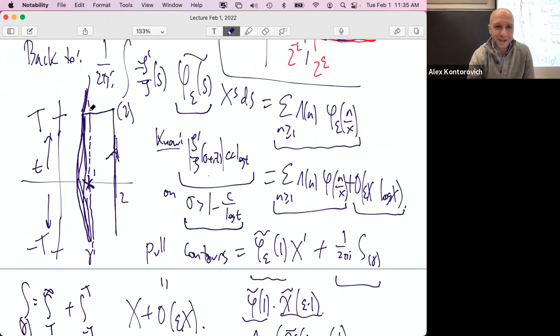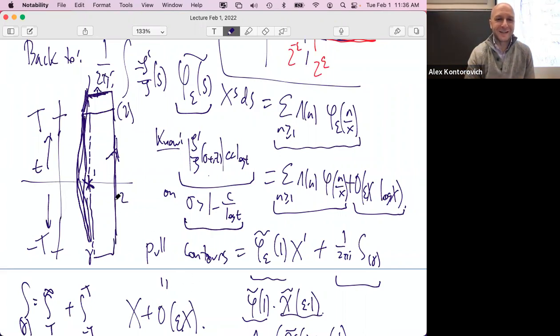What's really going on is something like this. Let me go up higher. These parts are being sent to infinity, and we talked about why they go to zero, by this 1 over s squared. I just wanted to make sure that was different from the t and minus t, where our horizontal pieces are. Yes, that I already sent to infinity implicitly without even saying. Okay, I'm all clear then.